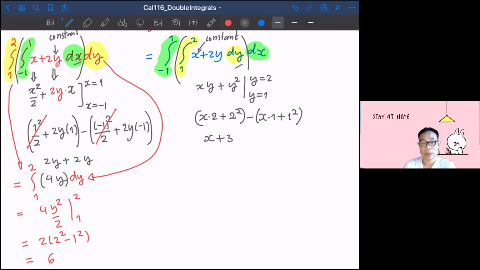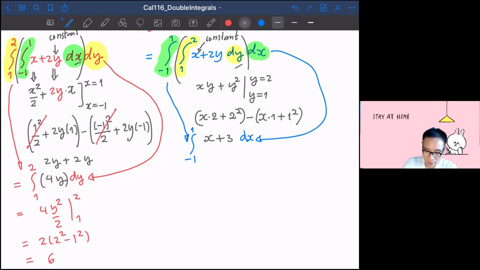So you have x plus 3 for inside parentheses. And then you're going to move to the outside. So it's going to be the integral from -1 to 1, and you have dx here. You see this is the thing that sat inside parentheses before.